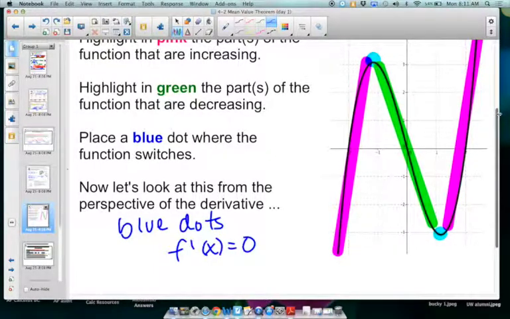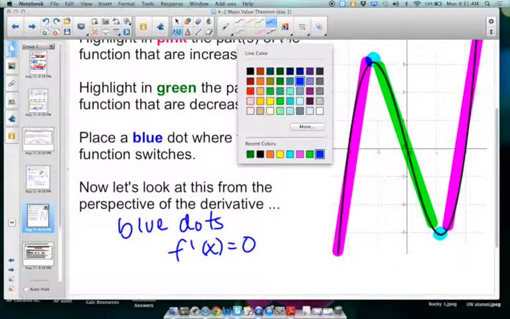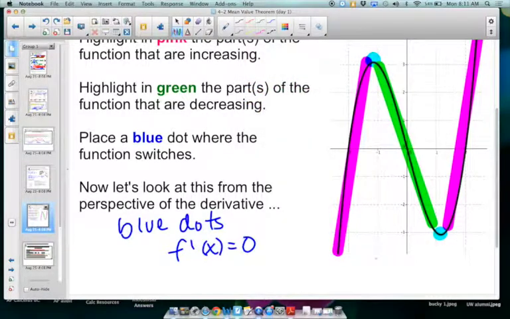But tell me something in general. Like if I drew the tangent line here, tell me about these tangent lines. What do they all have in common? They're pink. Awesome. Super sweet.